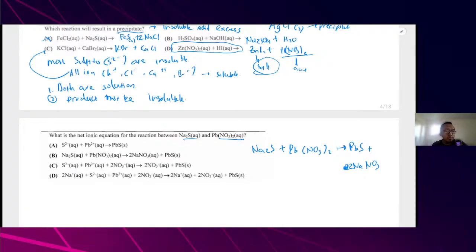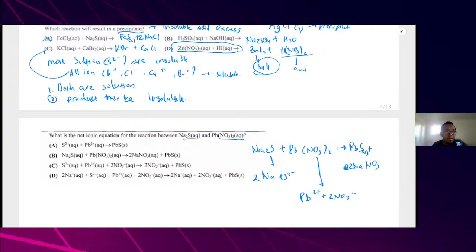Now let's break it down into ionic form. Na2S will be 2Na plus and S2 minus. This one will be Pb2 plus and 2NO3 minus. How about the PbS?